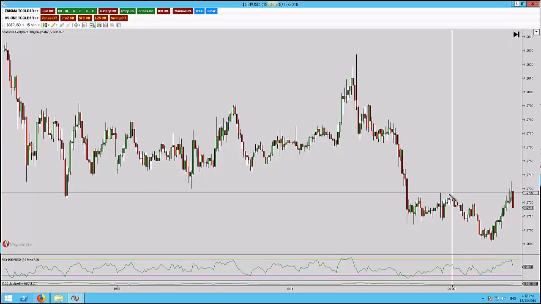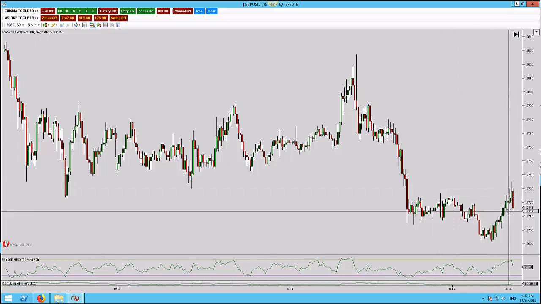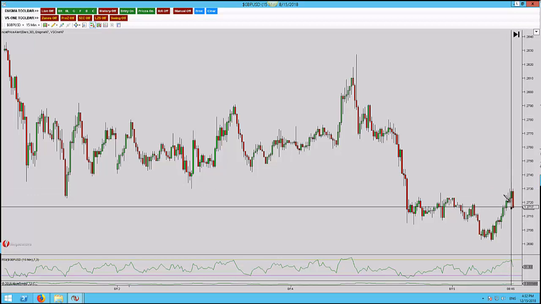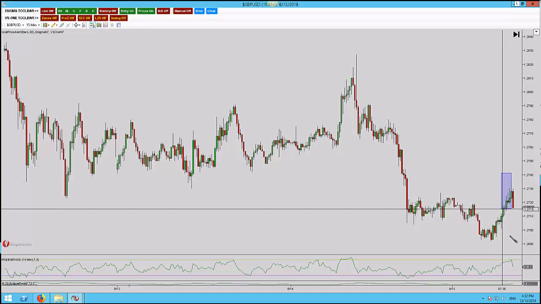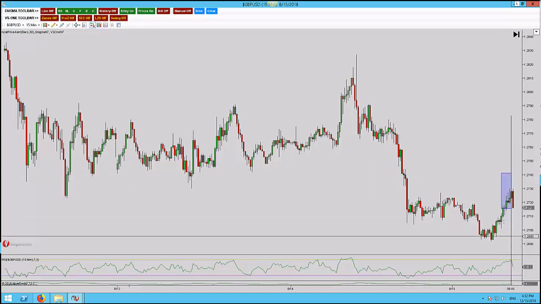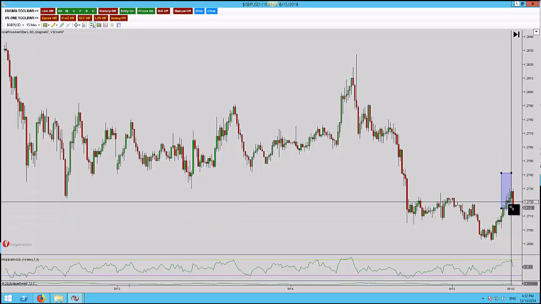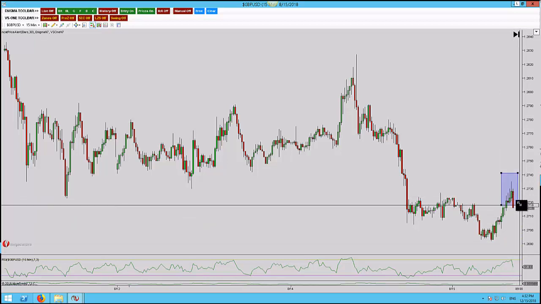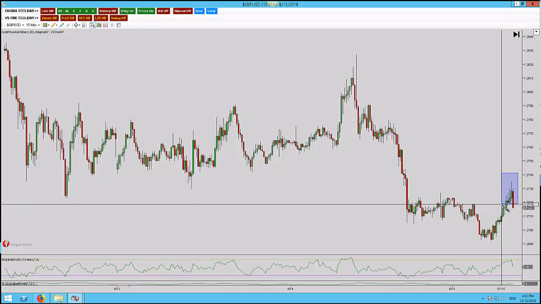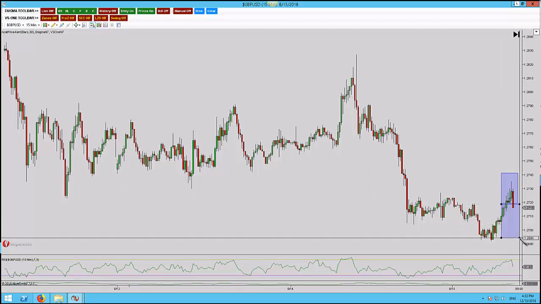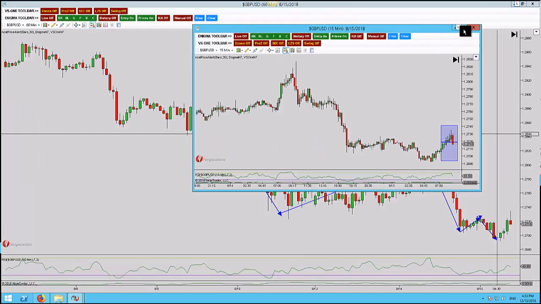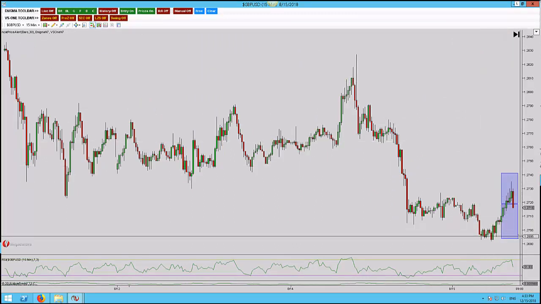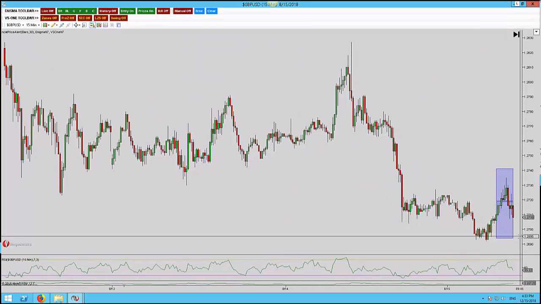Technically it did not violate this high here because of the wicks, and I just want to be 5 pips above the highs here. Okay, this is going to give me an inverse risk to reward. So what I'm going to do here is again go a quarter of the way up. I am going to play for a retest of the lows, and I will then be following secondary targets down if we do get them.